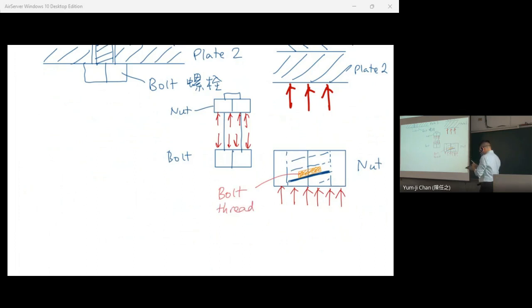Because the bolt is pulling downwards, if the nut is here, the bolt thread would have contact with the nut here. Of course it will happen on all threads, on all revolutions.